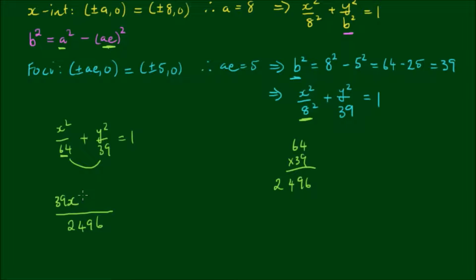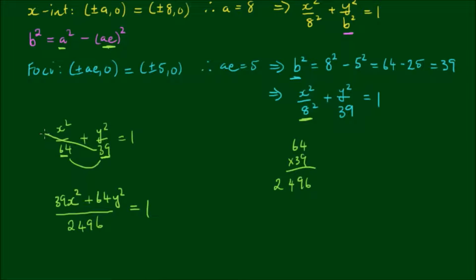So on the numerator we have 39x squared, and again since we times 64 by 39 to get 2496, we need to times the y squared by 64. So we have (39x squared plus 64y squared) on 2496 is equal to 1.